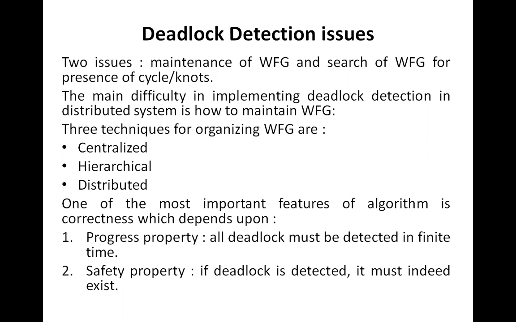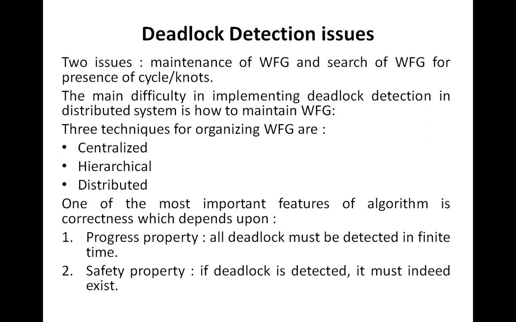Now, as far as distributed systems are concerned, there may be existence of the cycle at several sites. So the search for the cycle greatly depends upon how the wait-for graph of the system is represented across the system.